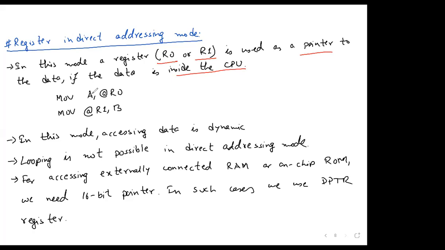Did you understand? It will be much clearer when we see an example. For the time being, just know that @R0 will point to an address. From that address, you will fetch the data and transfer it to accumulator A.